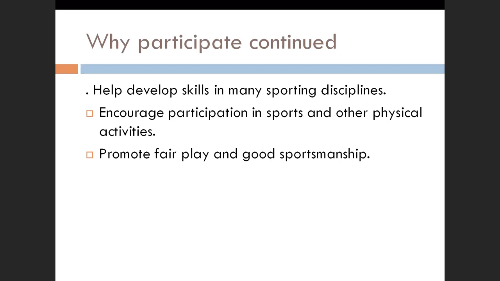Now, continuing about why do we participate? It helps to develop skills in many sporting disciplines. Now, physical education is not just about going to play football, do track and field, play netball. Physical education is about opening your mind to new sports.